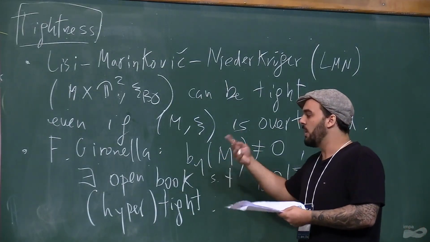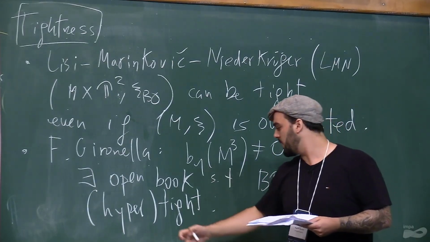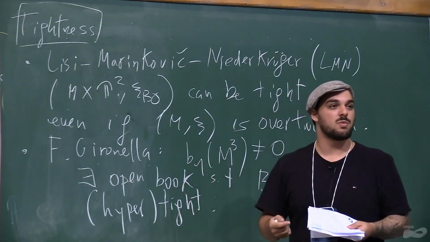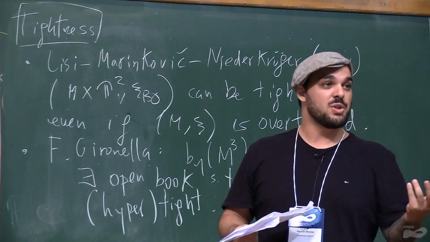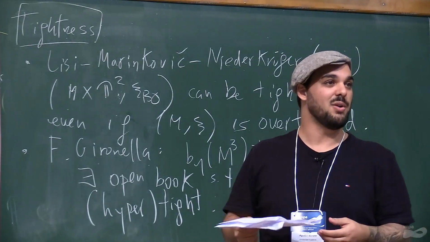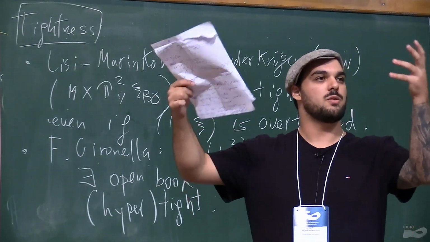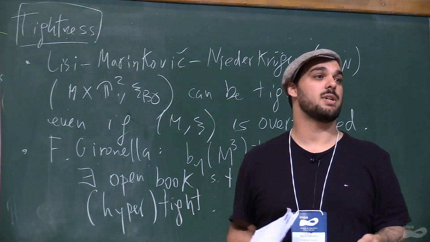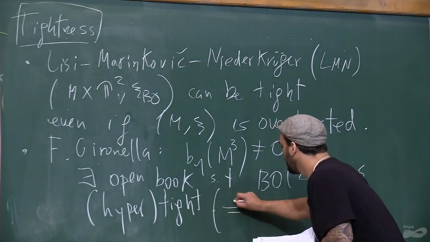Hypertight means that there exists some contact form which admits no contractible Reeb orbits, which implies tight by work of Albers and Hofer. In other words, if you have something overtwisted, then you run the holomorphic curve machinery and you find some contractible Reeb orbit. So this implies tight.